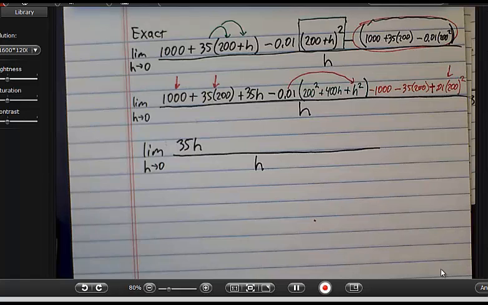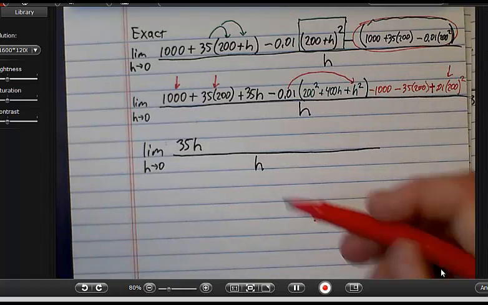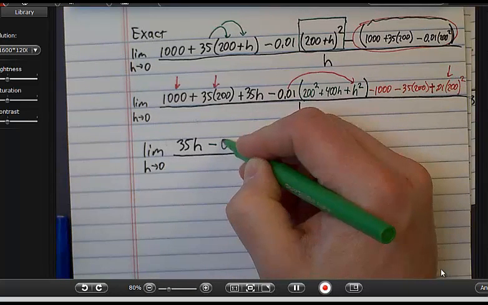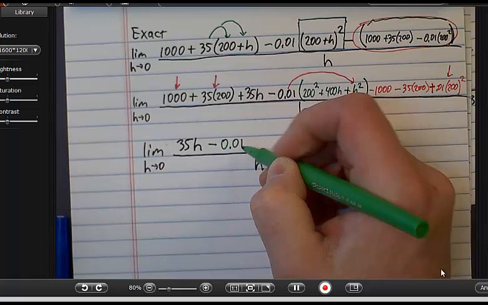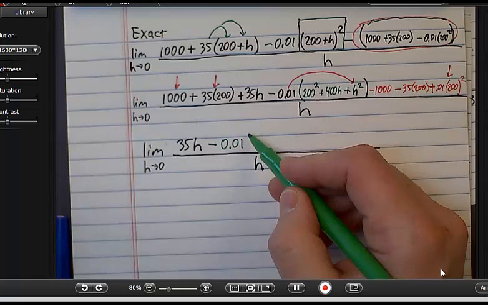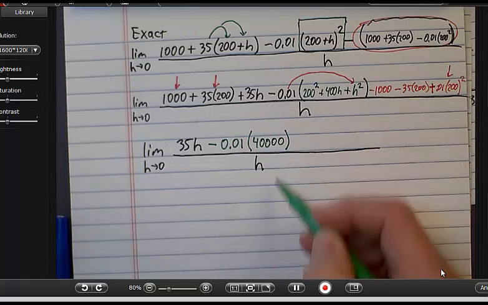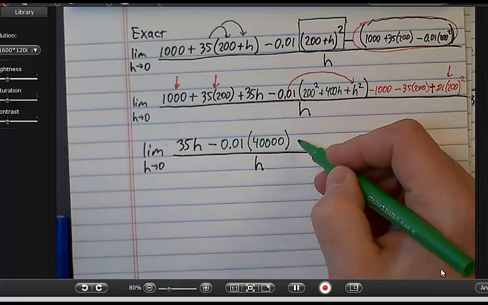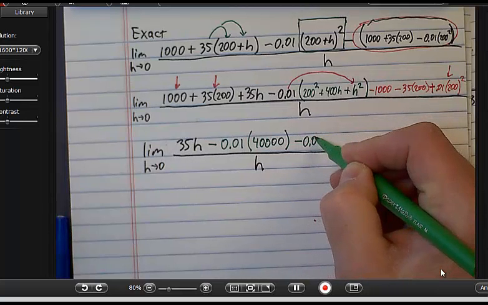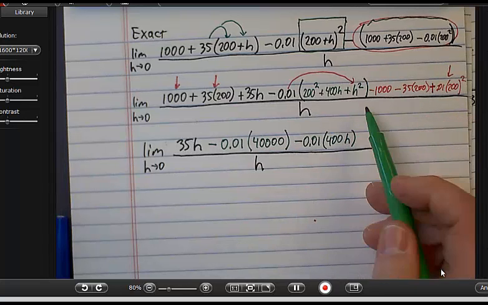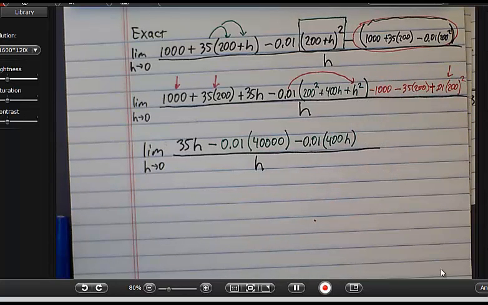I'm going to have minus 0.01. By the way, did anyone figure out 200 squared? Isn't that 40,000? And we're also going to have minus 0.01 times 400h.